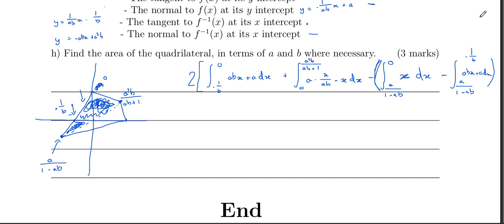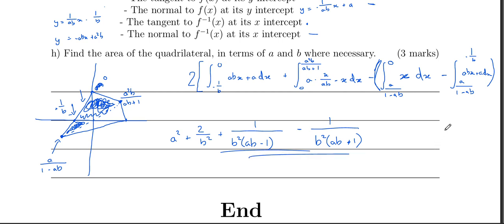Okay, and then that gives us an area of a squared plus 2 over b squared plus 1 over b squared (ab minus 1) minus 1 over b squared (ab plus 1). And there we go.